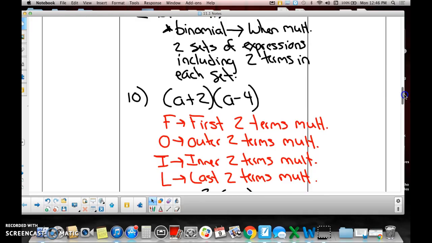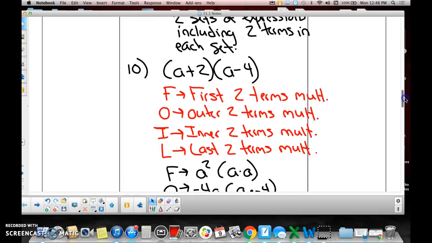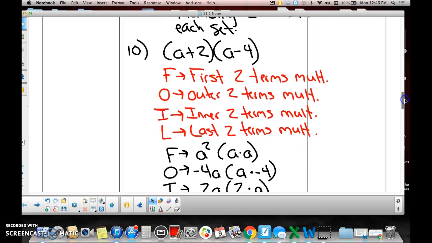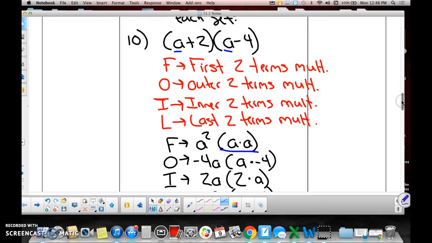We talked about what a binomial was, and then we did the example number 10 in a very, very long way, dealing with multiplying the first 2 terms, a times a, which is this a times this a, to get a squared. The outer side, we have negative 4a, because we multiplied a negative 4 times a.